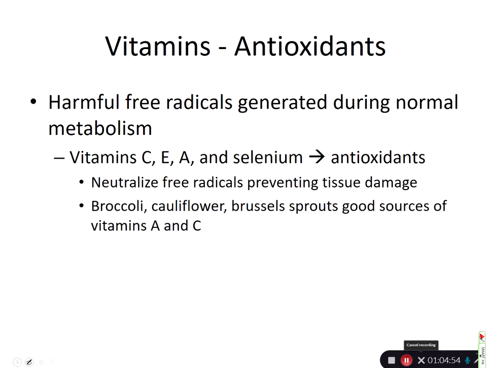I'll also mention antioxidants. These are types of vitamins that are helpful at removing free radicals. Free radicals are things that get generated during normal metabolism, so during normal reactions. Some vitamins like C, E, A, and selenium are considered antioxidants.